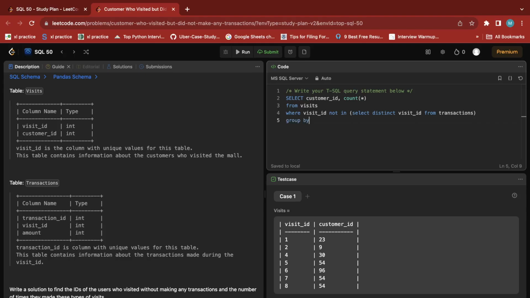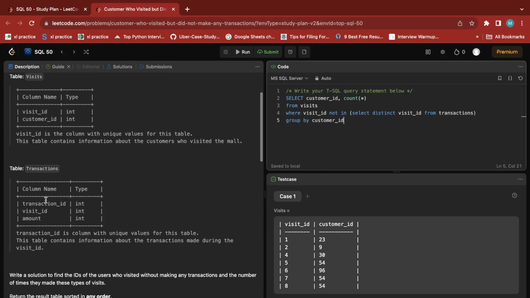So what I am doing over here is I am finding the list of all customers and the number of times they have been listed from the table visits, where my visit ID is not in the transaction. So we need to find the customers who visited the mall but did not buy anything, and the transaction table only contains the transactions where a customer had made a purchase.